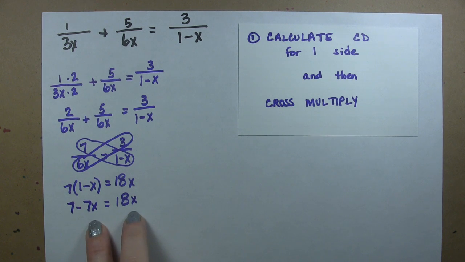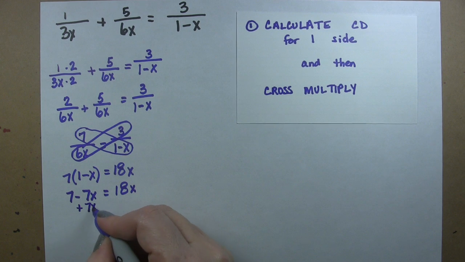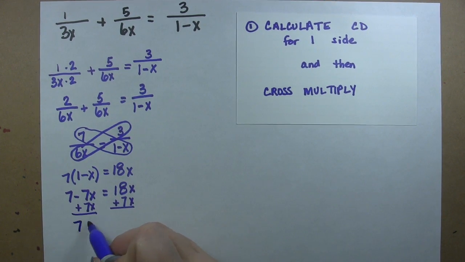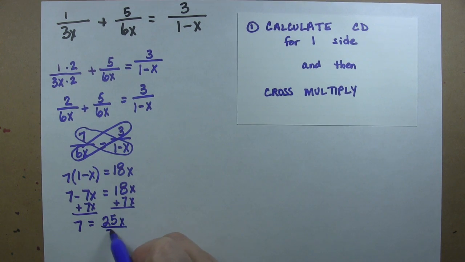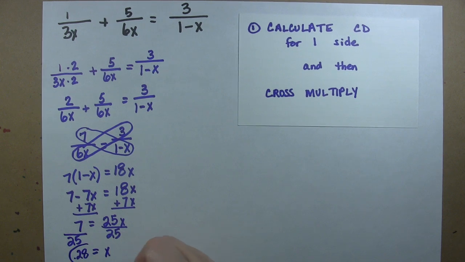We have x's on both sides of the equation, which is just annoying, so we will add 7x to both sides. That gives us 7 equals 25x. Divide both sides by 25. And you get x equals 0.28. So that is our answer for this problem, is 0.28.